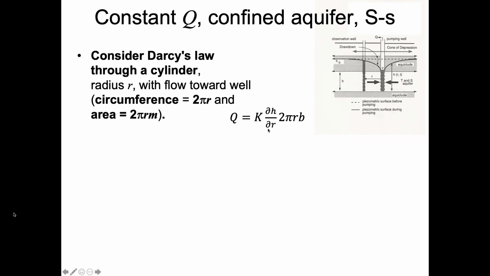We had some gradient in the system. And so this gradient here is just the change in head over the radius, right? So the radius in any given direction is going to be the same because we're solving for a cylinder in this environment. And then we're going to say, what is the radius, right? Times pi times 2, right? So that's going to give us an area in the system times our overall thickness of the environment.